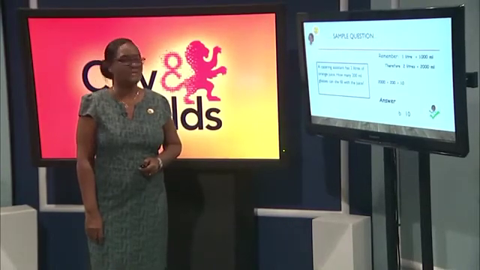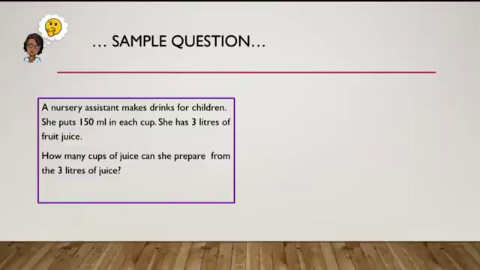Let's look at another question. Oh, here's another one. Okay, so she's making drinks for children. She puts 150 milliliters in each cup. She has a jug with 3 liters of juice. How many cups of juice can she prepare from the 3 liters of juice?